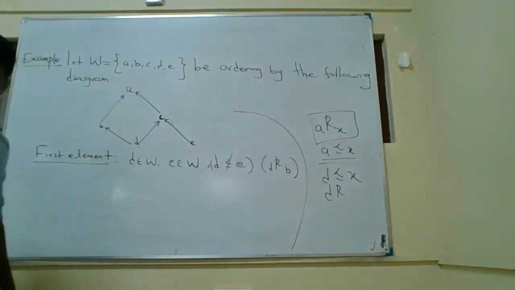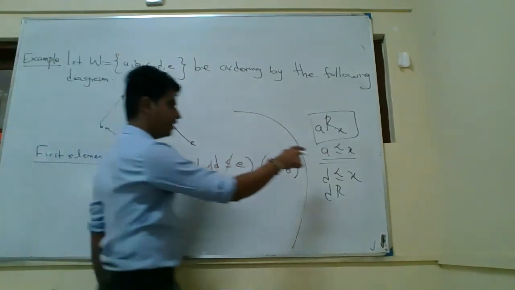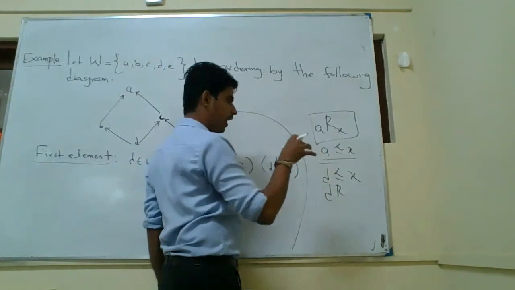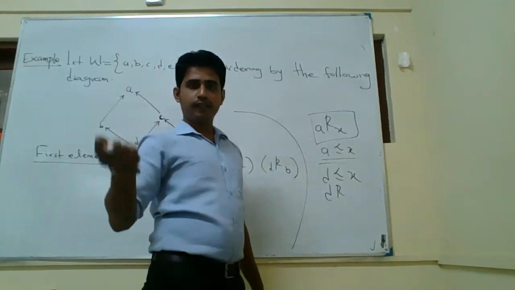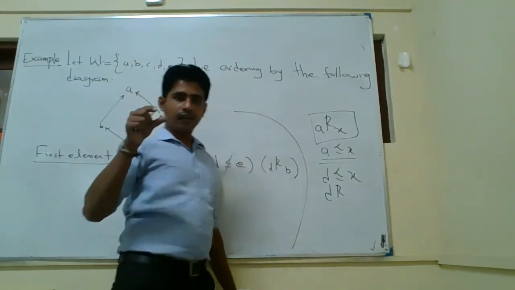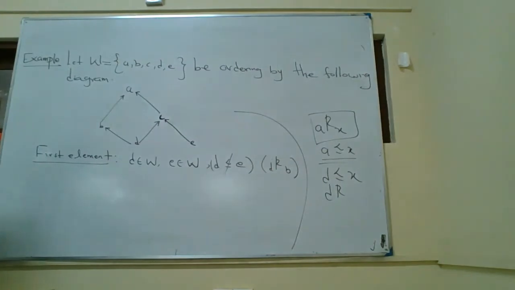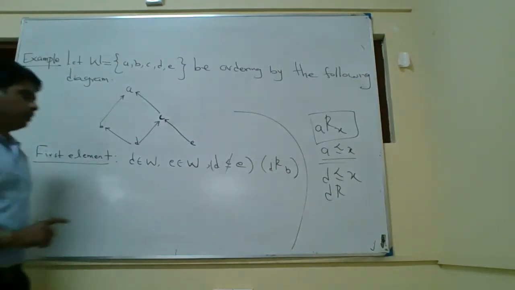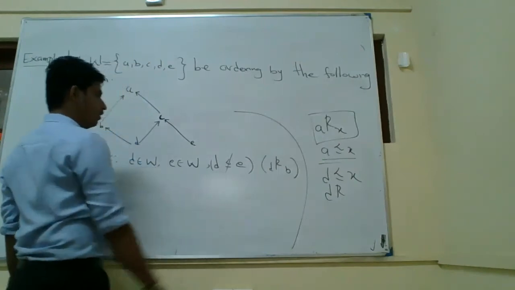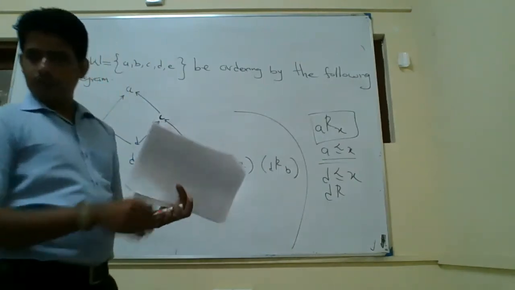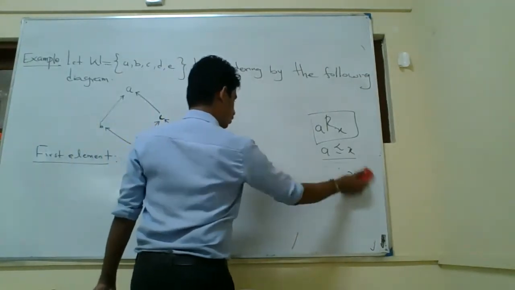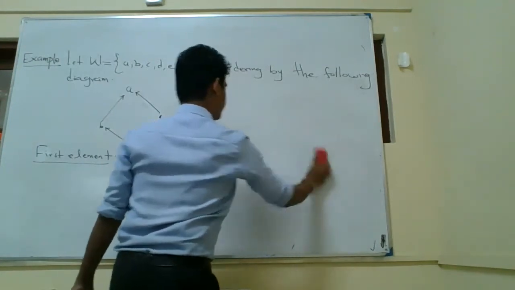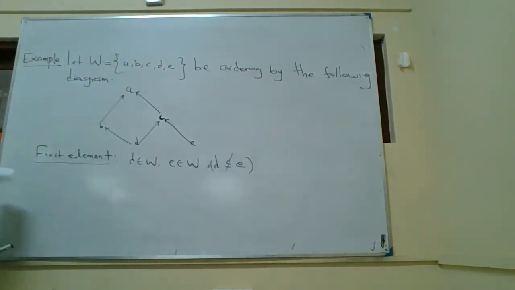Very important: for every X, there is A precedes X. For every element X, A precedes X. That means A related to X. Therefore, for each element X, there is a relation with A. Therefore, here we can't relate D and E. Therefore, this condition is not satisfied. That means there is no first element.